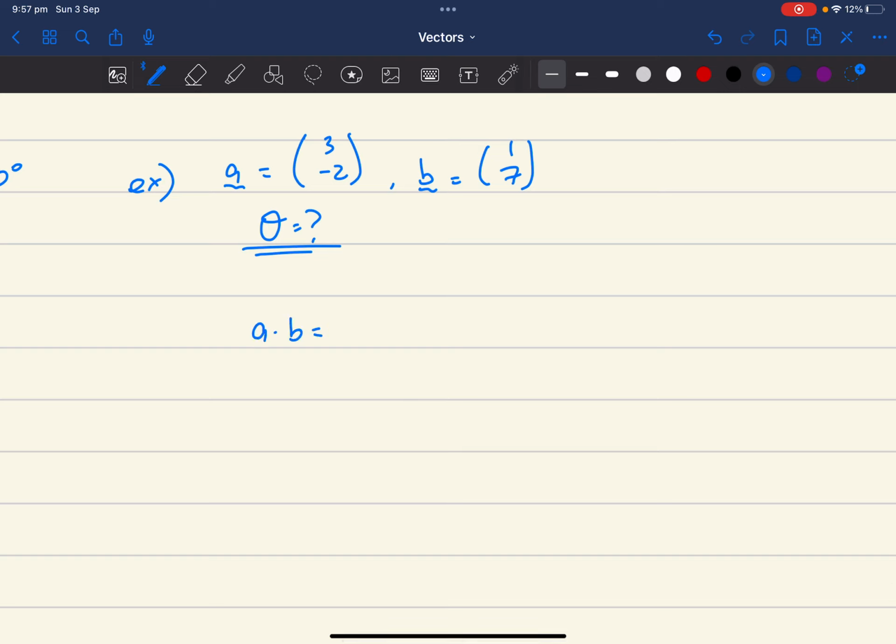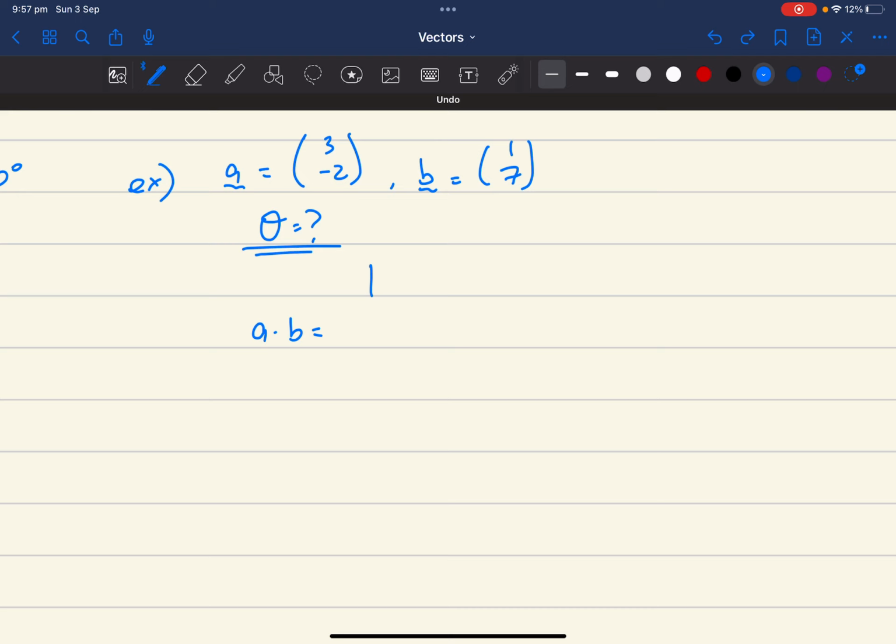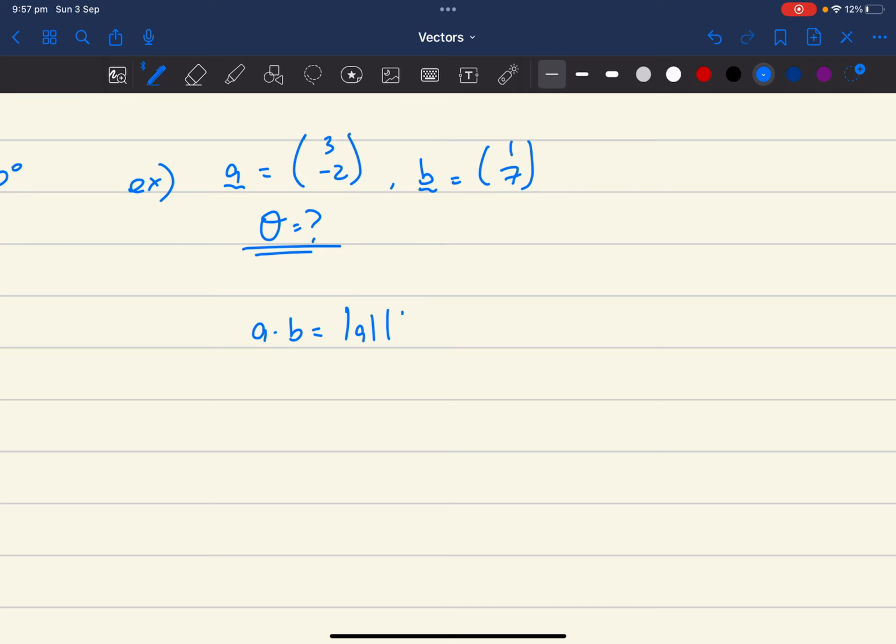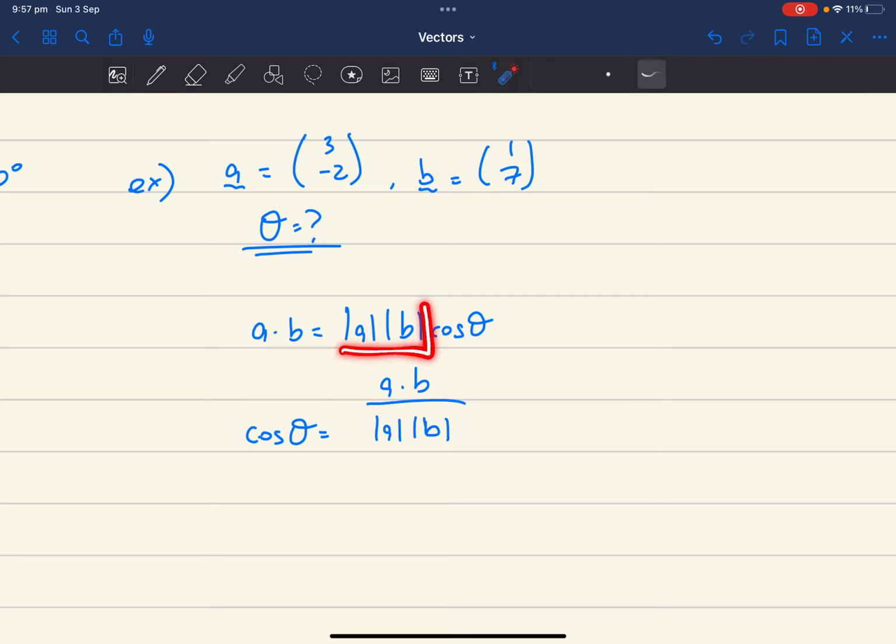So A dot B equals the length of A, the length of B cos theta. That's just my formula, right? So I'm trying to find theta. So let me make cos theta the subject for now, right? So I have cos theta equals A dot B over length of A, length of B, right? So I'm dividing both sides by this. That's why it's on the bottom now, right?